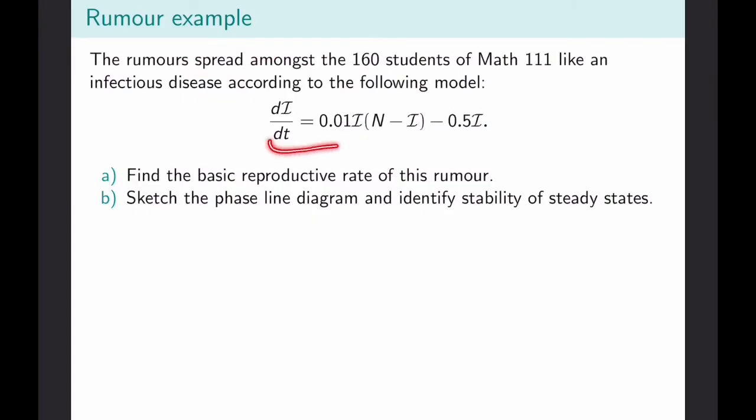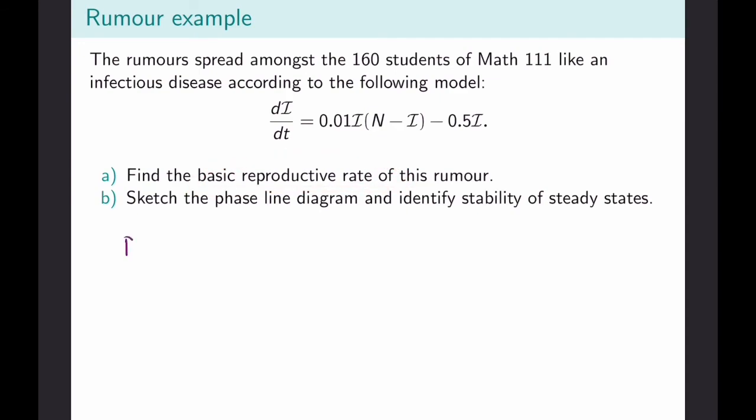So what I have here is a model written in this way, which matches not the logistic equation, but rather the equation for the number of new infections minus the recovery rate. We are asked to first find the basic reproductive rate of this rumor, sketch the phase line diagram and identify the stability of the steady states. So let's think about, first of all, the R0.